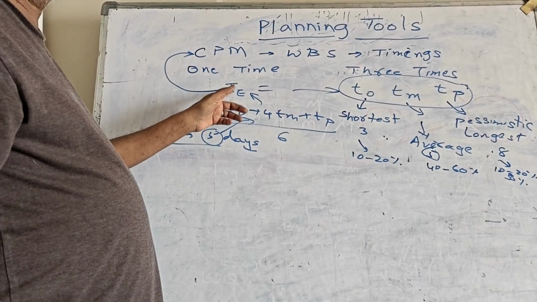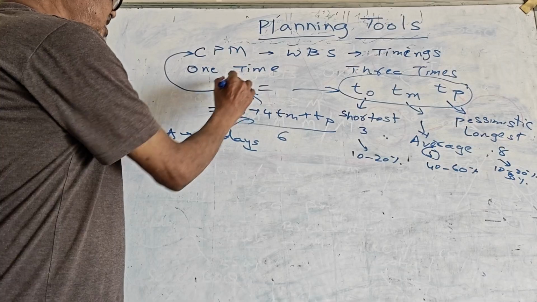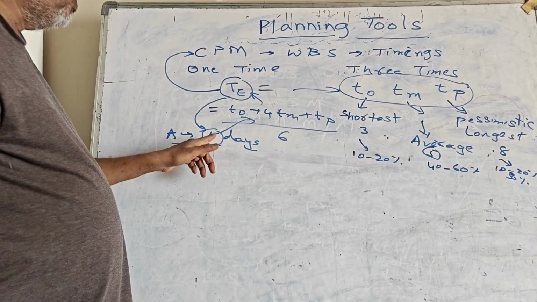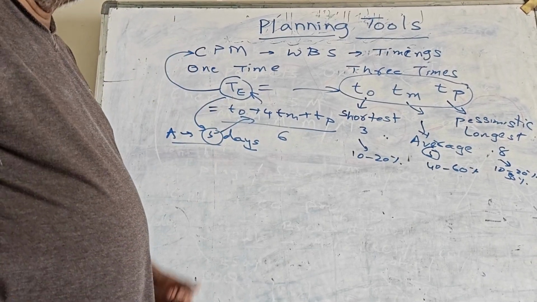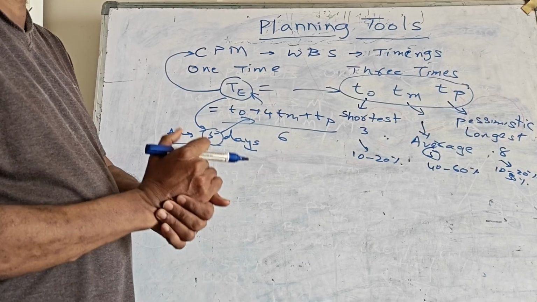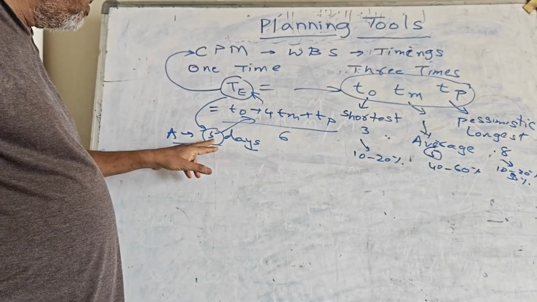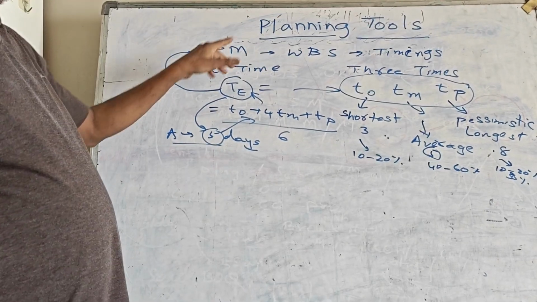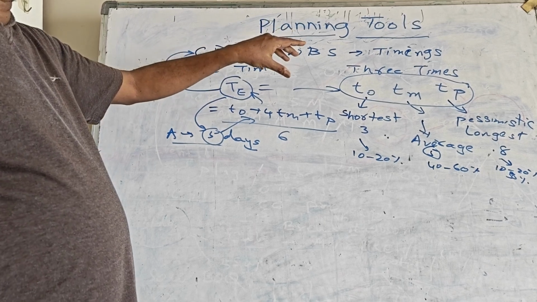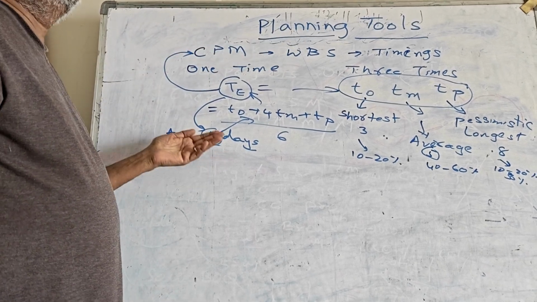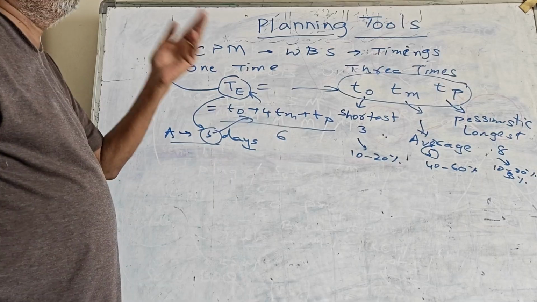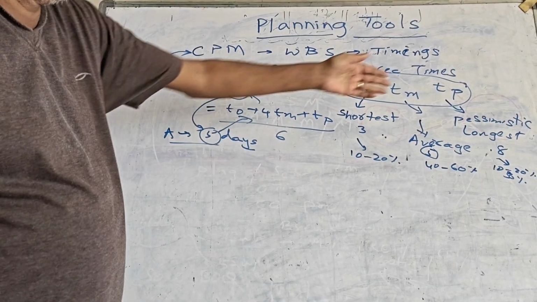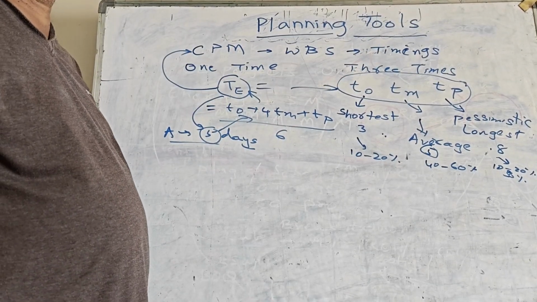That is the reason this is taken as the 5 days which we have used in our CPM network. So this way we calculate the timings, and this 5 days, as we have seen, can be critical or non-critical. If it happens to be critical, definitely it will take 5 days, that is the maximum time. But we cannot say this maximum time is taken as pessimistic time, it is not the same.